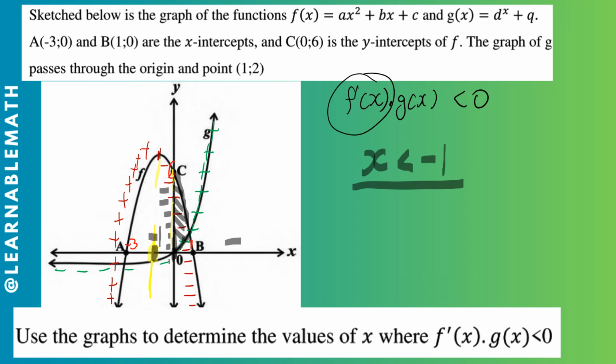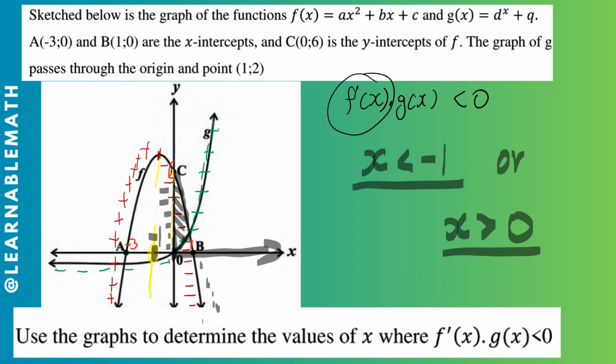If we continue to this point, f remains negative while g continues to be positive. When x is greater than 0, as we are increasing, our f is negative, while g at that point is positive.